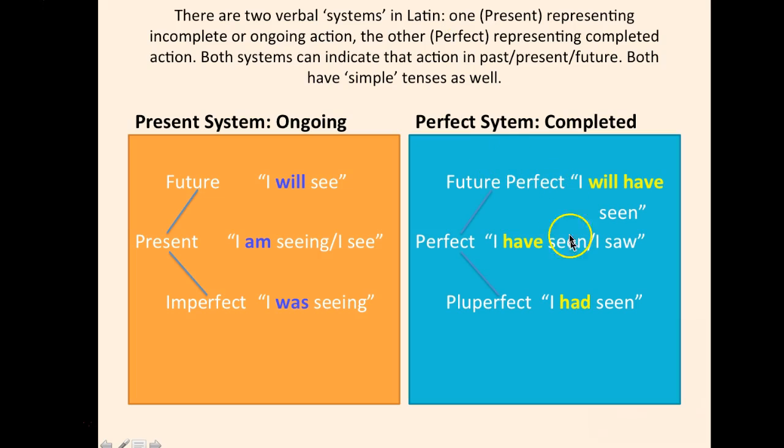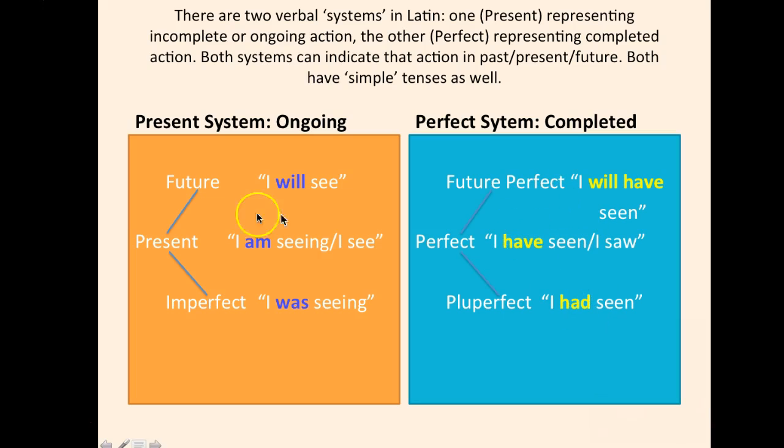Notice here that in the perfect system, all of these English translations include tenses of the verb have. So I will have seen in the future perfect, I have seen in the perfect, and in the pluperfect, I had seen, which completes action sometime in the remote past.